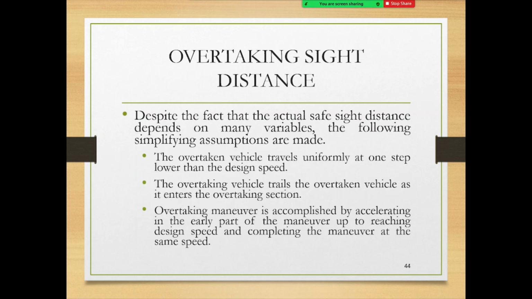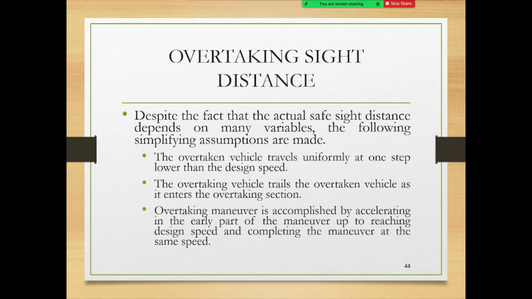Despite the fact that the actual safe sight distance depends on many variables, the following simplifying assumptions are made. Please understand these assumptions. Maybe there can be an exam question. These are the assumptions we use to derive the overtaking sight distances.